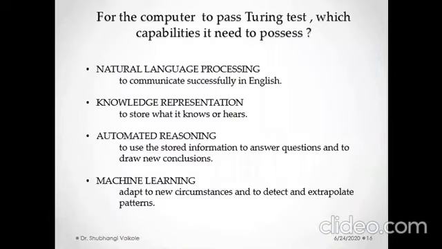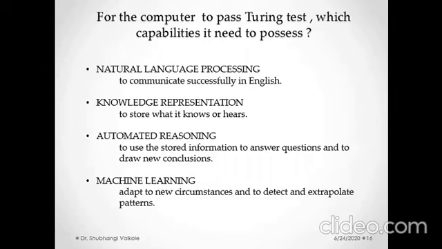So for a computer to pass the Turing test, which capabilities does it need to possess? The first one is natural language processing, to enable it to communicate successfully in English. The Turing test needs communication, and for this communication it requires natural language processing. Then the next capability is knowledge representation.